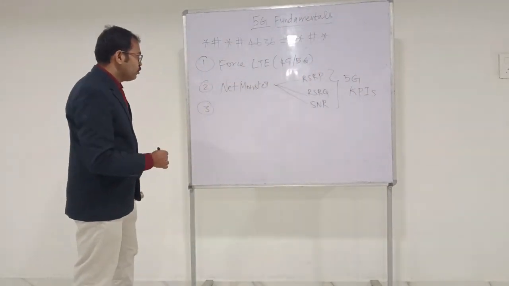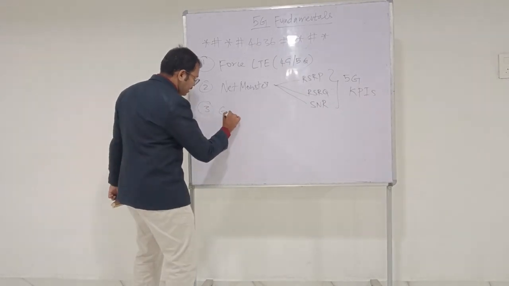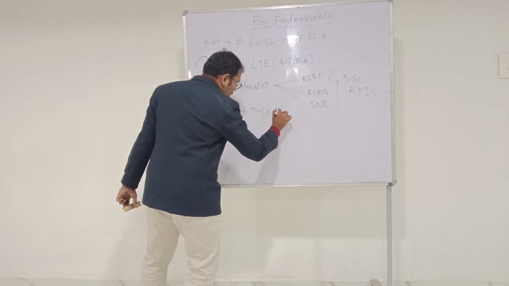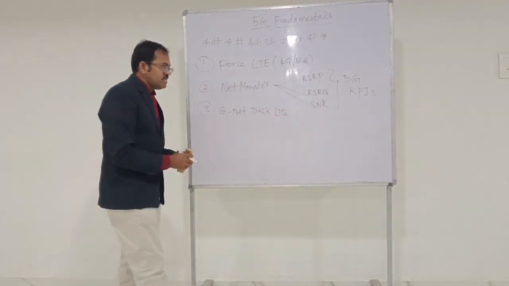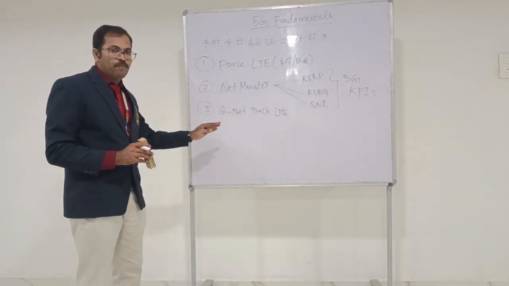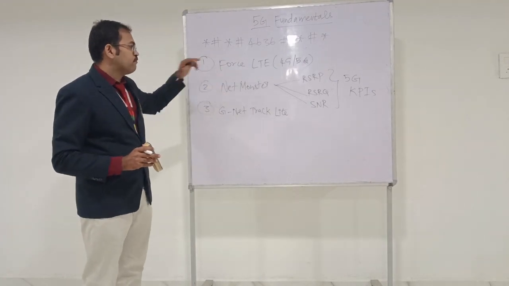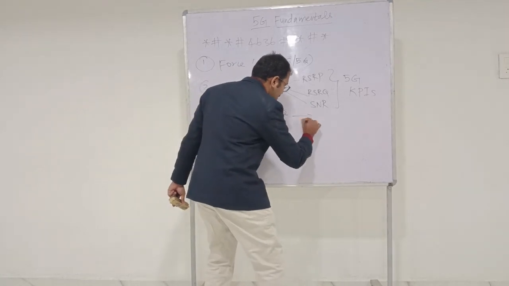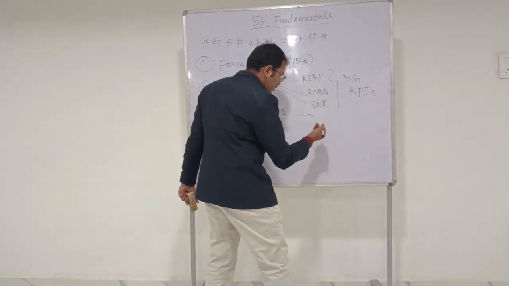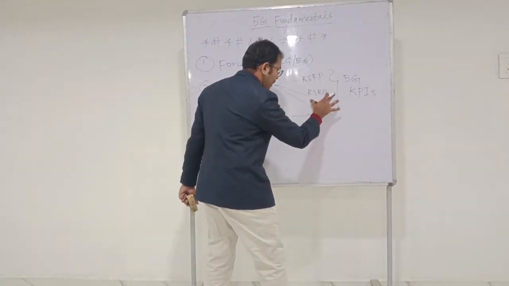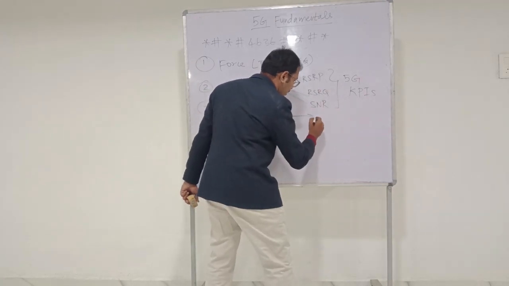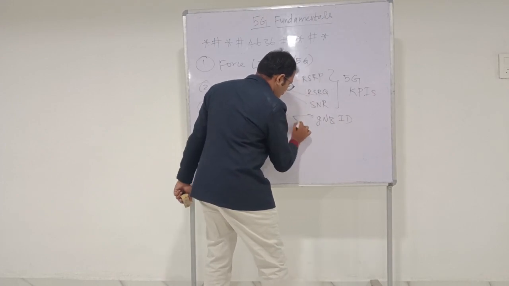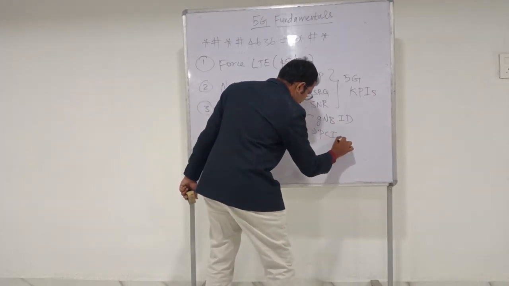Apart from that, you can also use G-NetTrack Lite. This application is power packed if you compare it with NetMonster and Force LTE. In G-NetTrack Lite, you can see a large number of network related parameters. You can also see your gNodeB ID and your PCI.